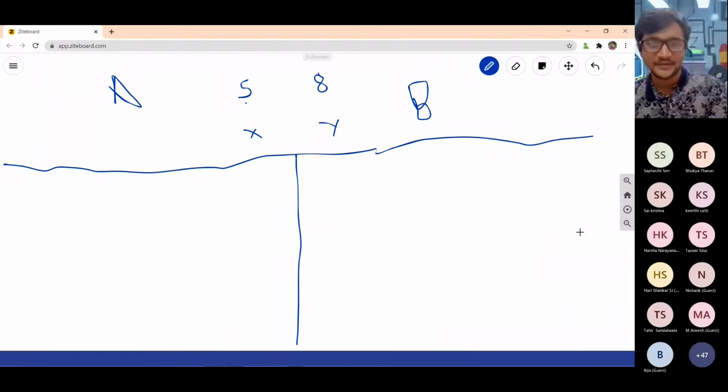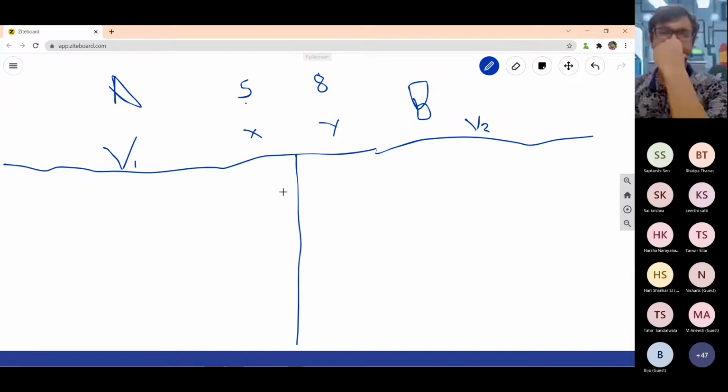Let's try to play the game once. Would you like to go first or second? I would like to go first. You are V1, so what's your move? What would you do?